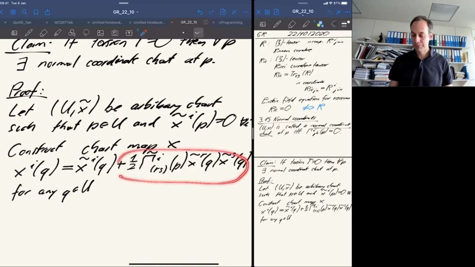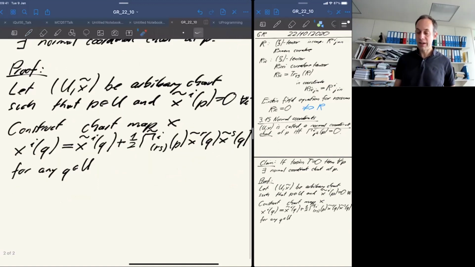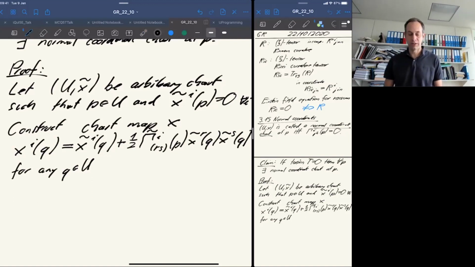And now the only thing we have to verify is that the gamma symbols of the new chart map X disappear. So we will now do a little calculation. How can we determine the gamma symbols of the X chart? We can just transform the gamma symbols of the X tilde chart into the X chart, and we know the transformation rules.